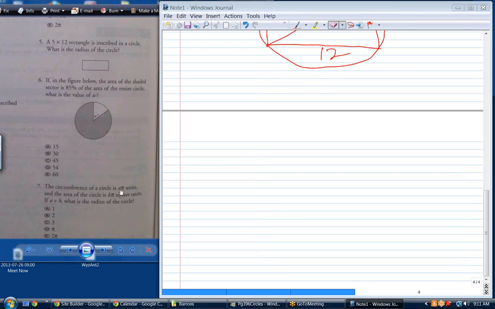Okay, the circumference of a circle is A pi. The area of that circle is B pi. If A is equal to B, what is the radius of the circle?